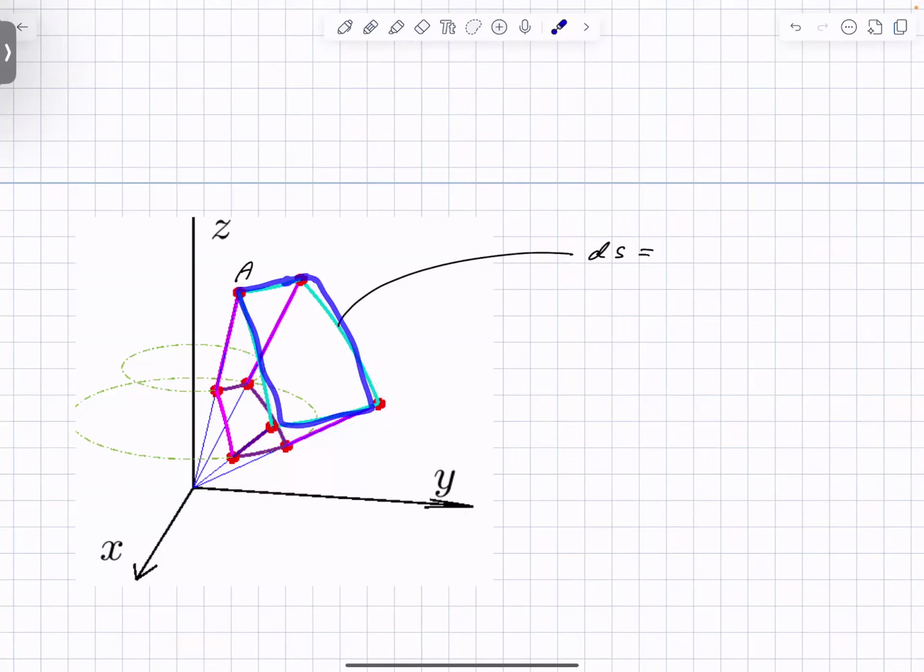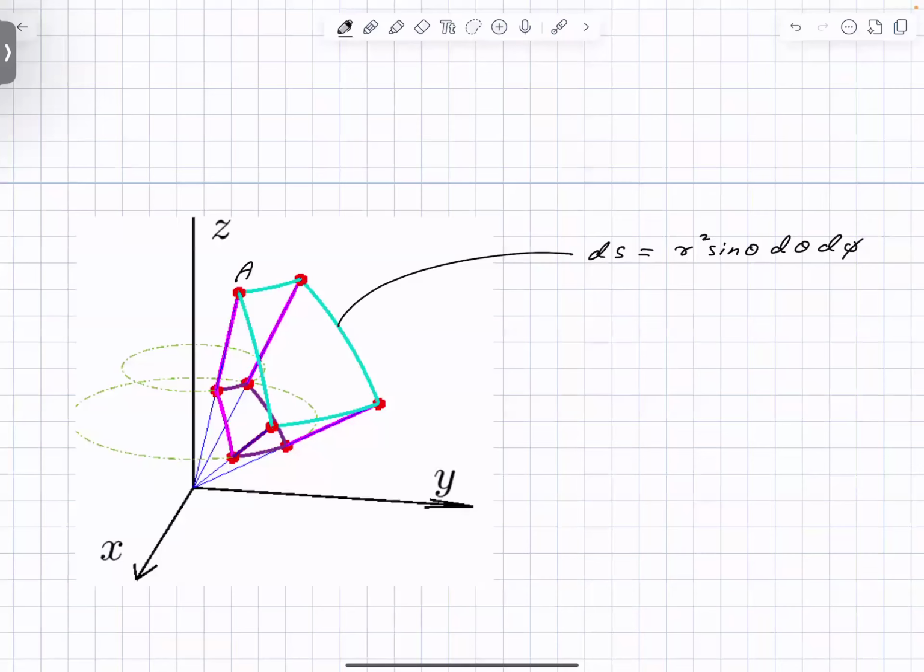No, right? Radius is not changing. Phi and theta are changing. So pick the formula that has d phi and d theta. That would be r squared sine theta d theta d phi. So we have to pick that formula.